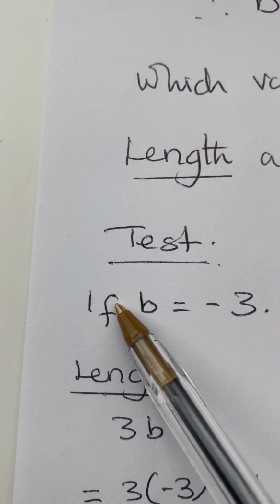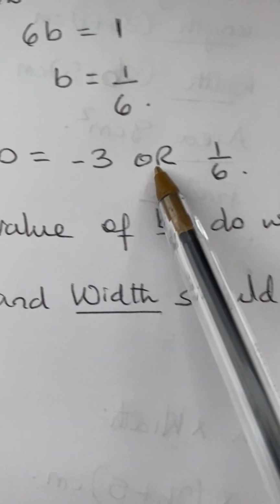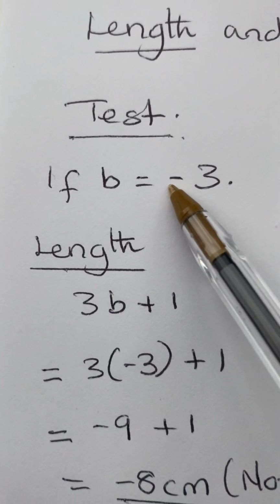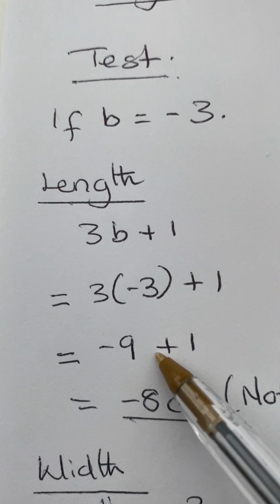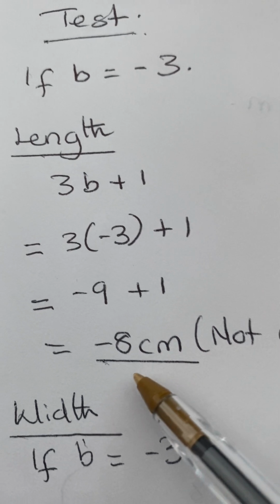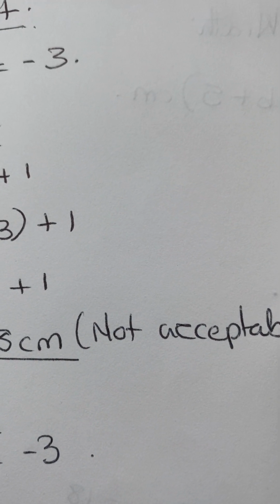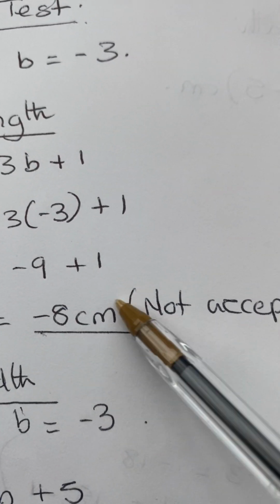So our test: we've got two values of b, minus 3 or 1 over 6. If b is minus 3, 3b plus 1 becomes minus 9 plus 1, so it will be minus 8 centimeters. This is not acceptable. The length cannot be minus 8 centimeters.